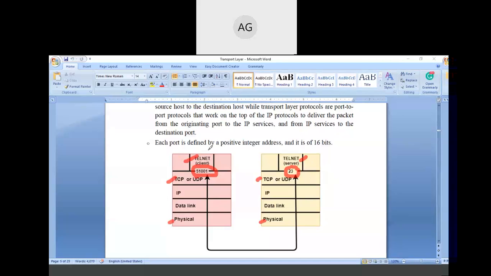Each port is defined by a positive integer address and it is of 16 bits. You already studied how we can write the address in the BCD form, as you studied in digital electronics in third semester. So these addresses are of 16 bits.